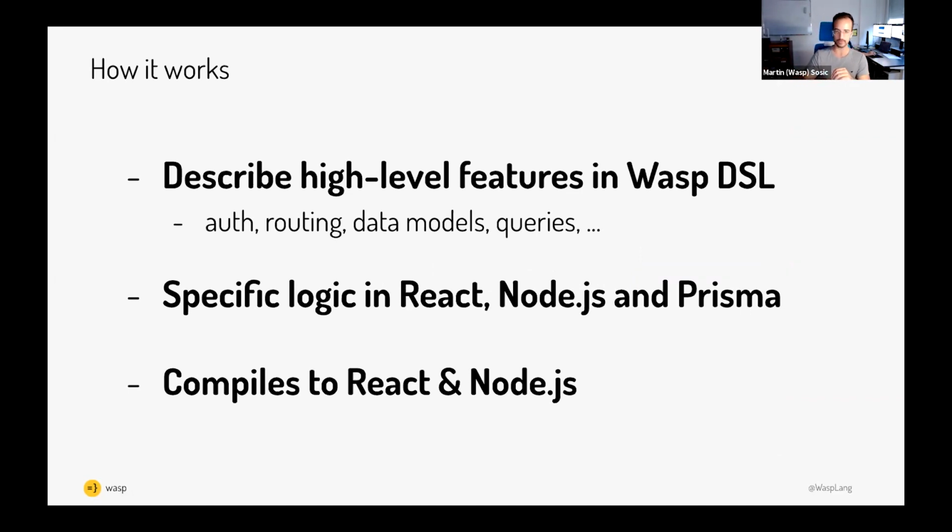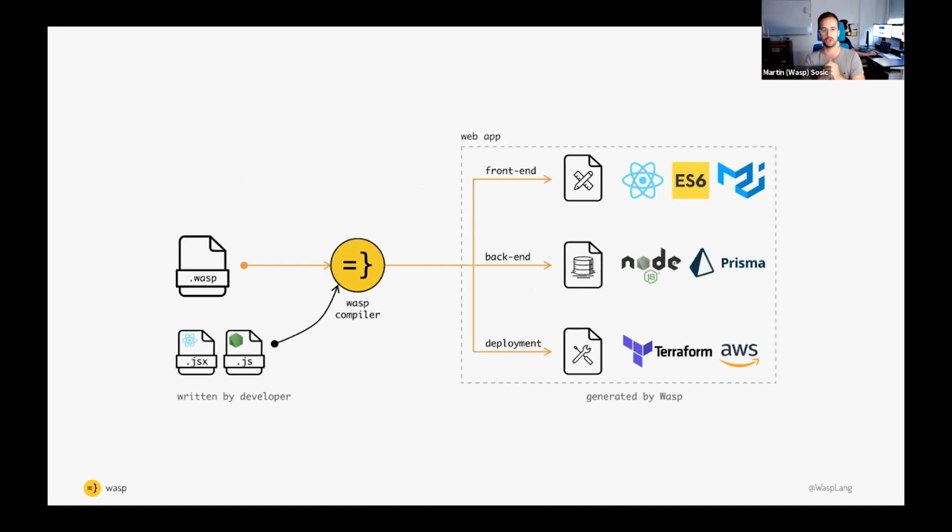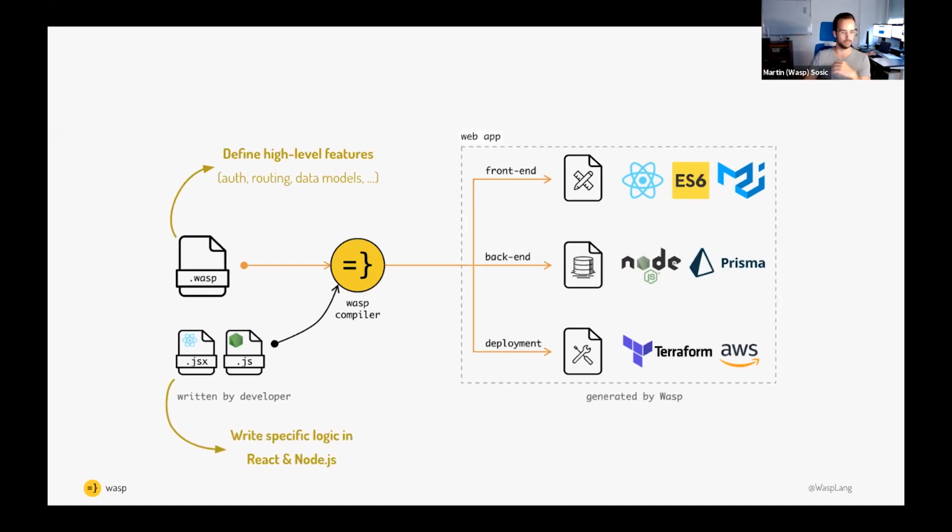So just to show an illustration of that, you can see here on the left side is what is being written by the developer. As I mentioned before, in the Wasp files, in the Wasp configuration language, you're going to define some high-level features like authentication, routing, data models. And then again, in, let's say, pure native code, right now React and Node.js, it's going to be the specific logic, database queries, your front-end components, and what is going to be happening on the other side.